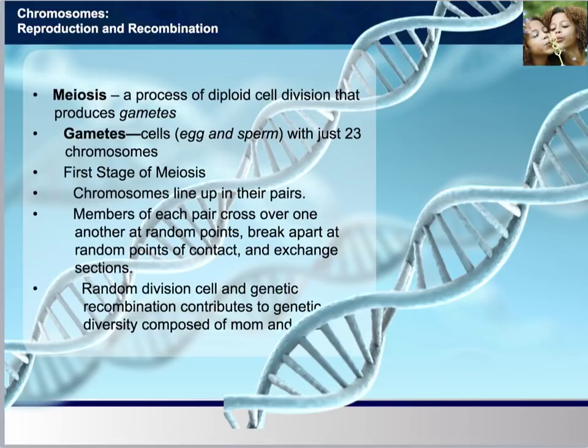More specifically, as my sister and I are told that we come from the same parents but look so different from each other, this can be explained by the random cell division and the random recombination, and the points at which they made contact and exchanged sections. We'll talk about this a little bit more in future slides.